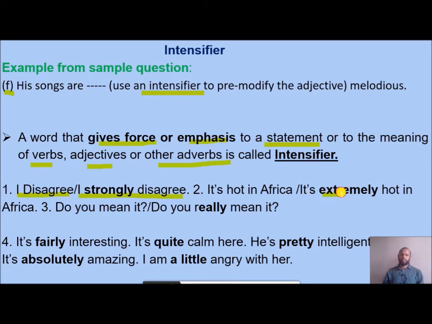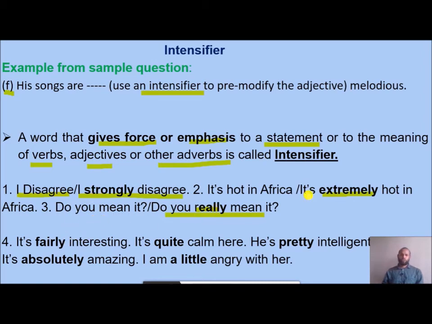So the word extremely here is used as an intensifier. Do you mean it, or do you really mean it? Between these two, the second one is giving us a more powerful message. So the word really here is an intensifier.